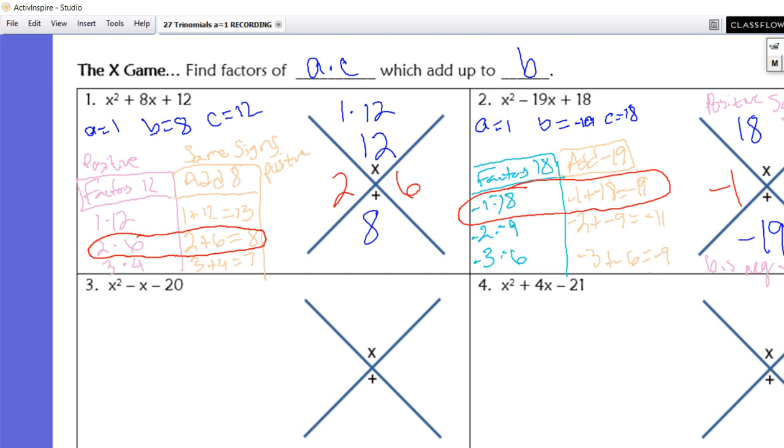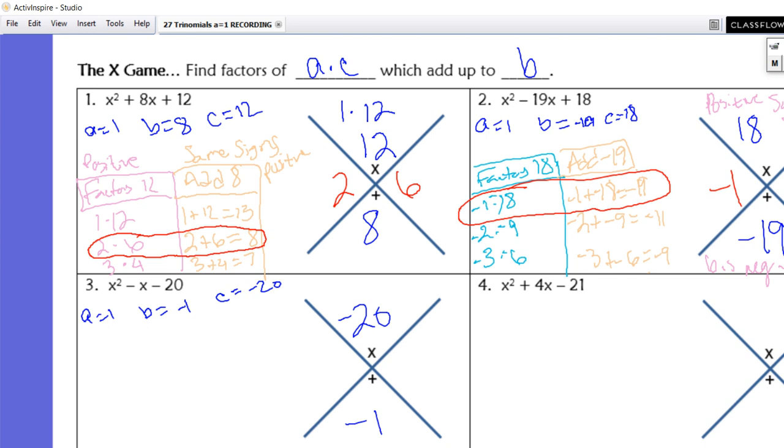Okay, let's do problem 3. A is equal to 1, B is equal to negative 1, C is equal to negative 20. A times C, so I'm going to think 1 times negative 20, and my B value is negative 1. So now we're going to think for a second. This is the first time when our AC has been negative.